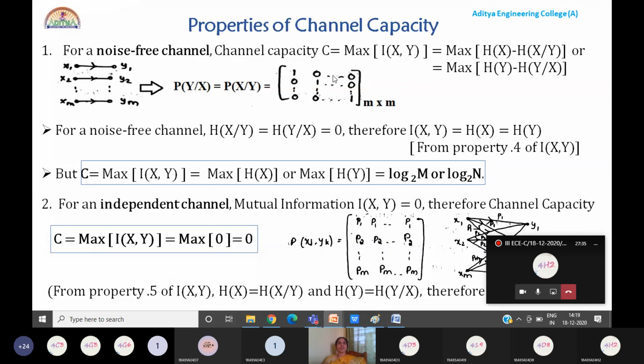First you should define I of xy, and the maximum of I of xy is our channel capacity C. So you need to calculate the whole thing. For a noise free channel, first you need to represent the model of the channel, how the channel appears.